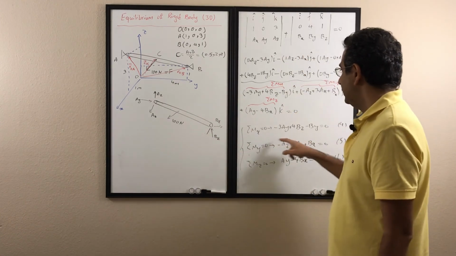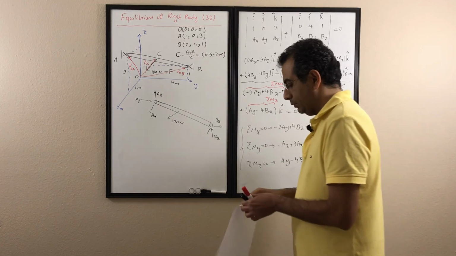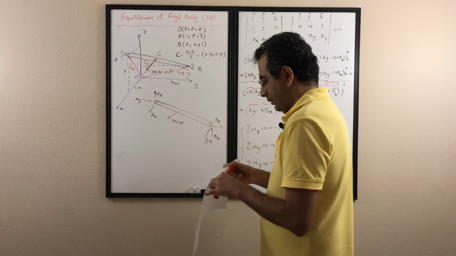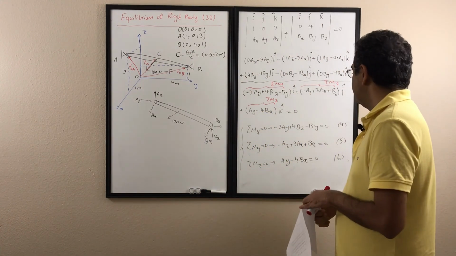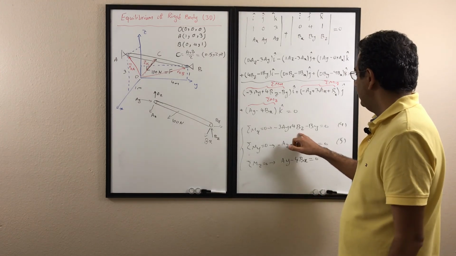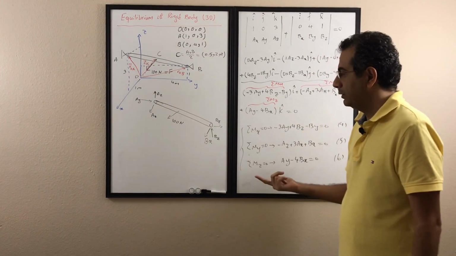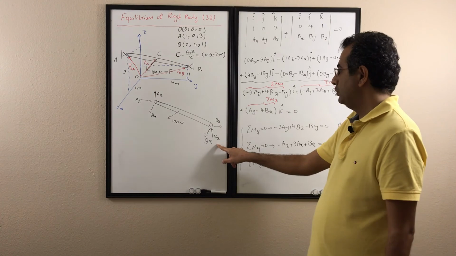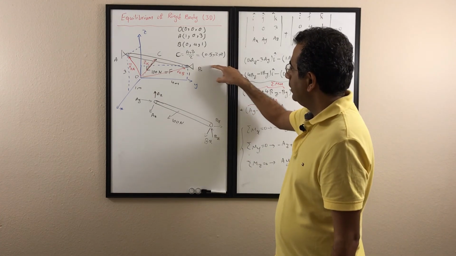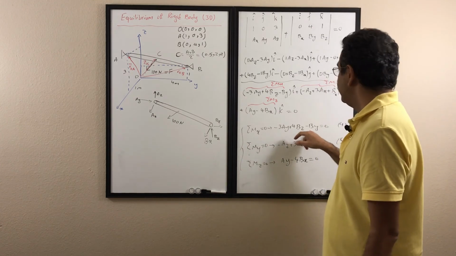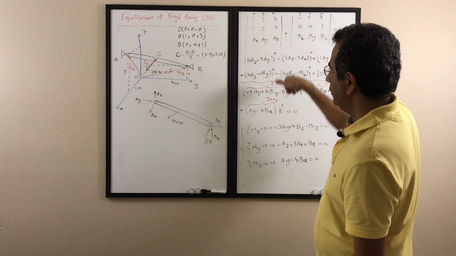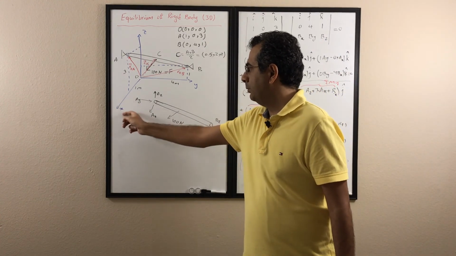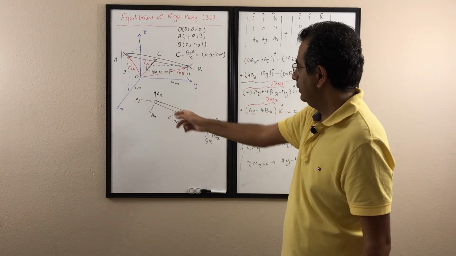For point B, the moment that point B produces about axis x: Bx is parallel to the x-axis, so it doesn't produce any moment, and then we have By and Bz, both of which produce a moment. By has a distance of 1, and when it rotates, my thumb is going in the opposite direction of x, or in the negative direction of x.